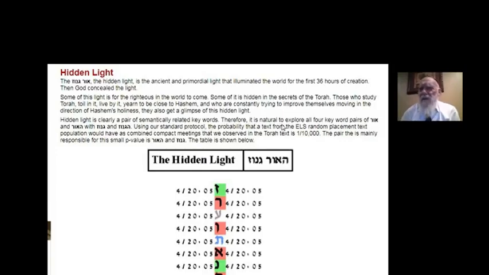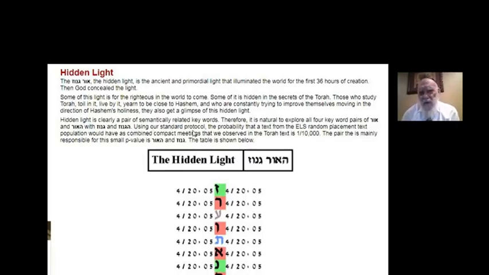Therefore, it is natural to explore all four keyword pairs: Or, which is light, and HaOr, the light, with the word ganuz, hidden, and haganuz. These are the words to be used in the table.